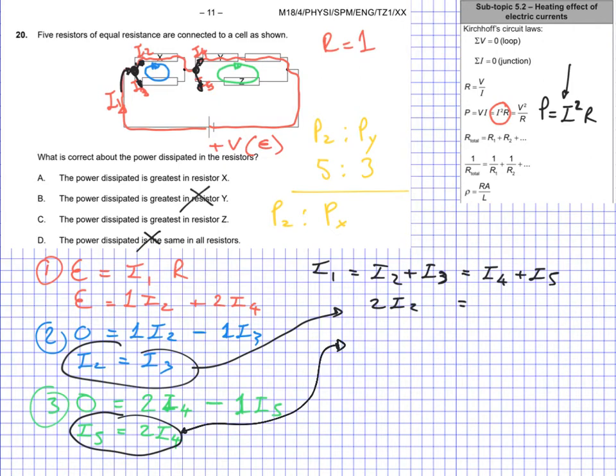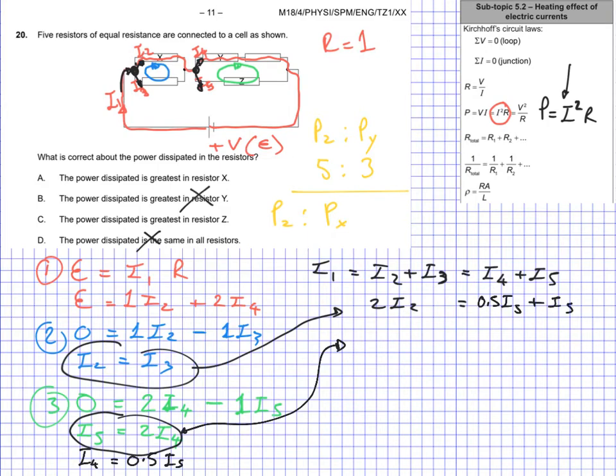What can we say about I4? Well, I4 is equal to half of I5, right? That's really what we've said here. So let's substitute that in. So rather than having an I4, I'm going to say 0.5 I5 plus I5.